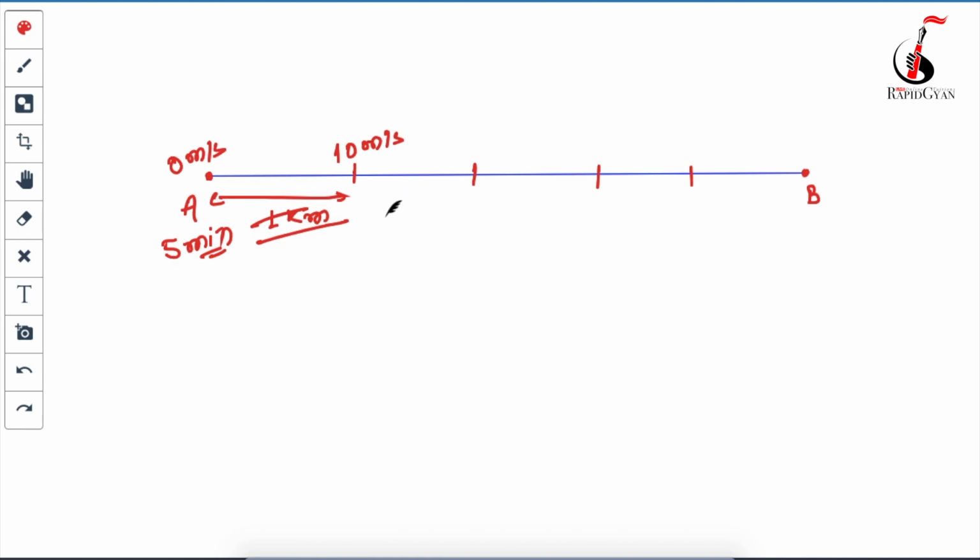Then after the next 5 minutes, meaning after 10 minutes, your speed becomes 20 meter per second. After 15 minutes, your speed becomes 30 meter per second.